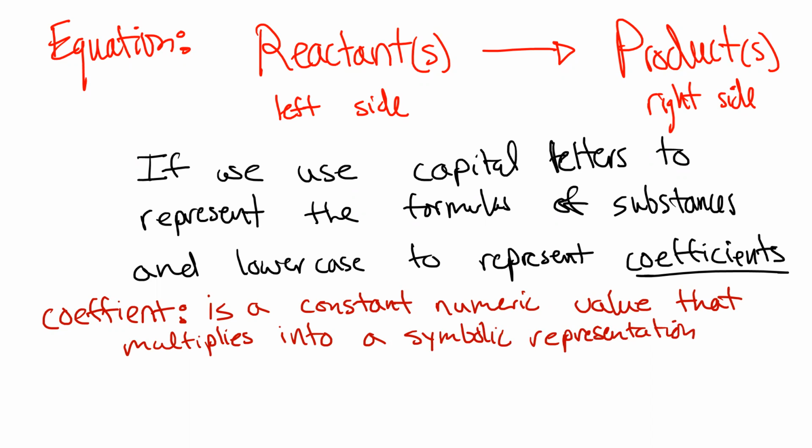In algebra, the symbolic representations are variables, x, y, other letters. The coefficients are the constants to the left of or in front of those variables.